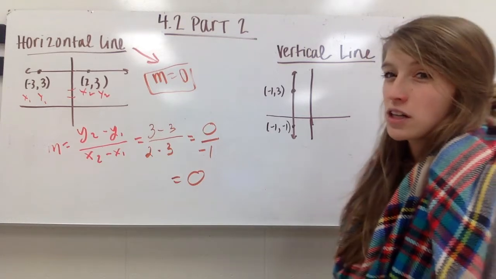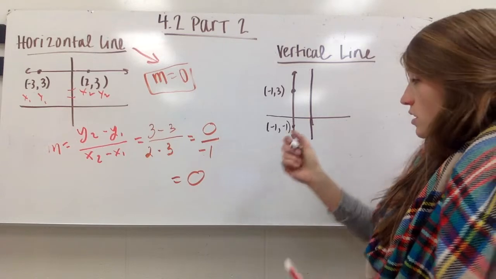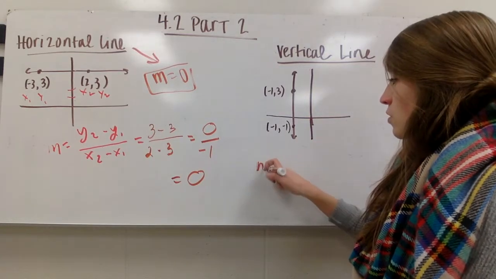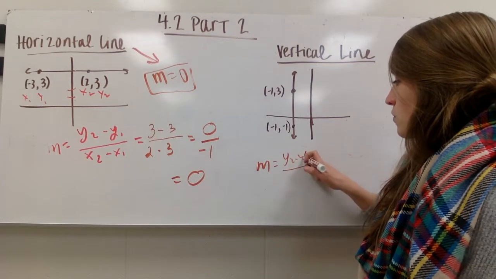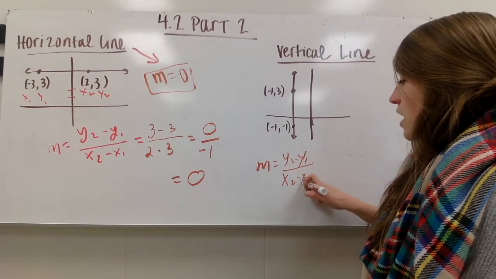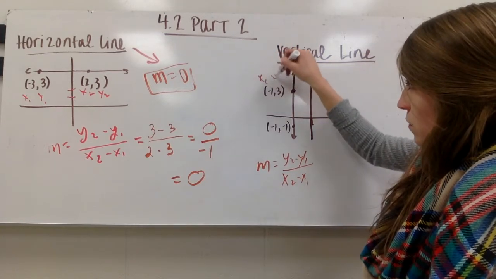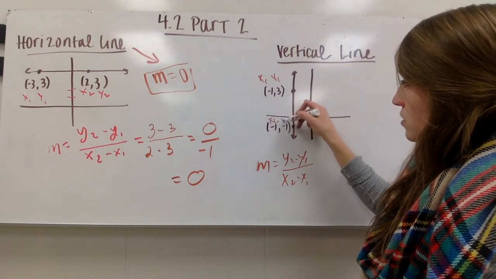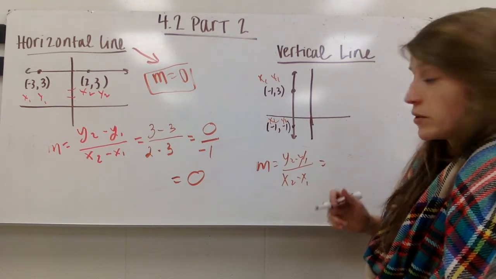Let's try a vertical line now. A vertical line is slightly different. The slope formula is still the same. The slope is equal to y2 minus y1 over x2 minus x1. I'm going to call this point right here x1, y1, and this point x2, y2. It doesn't matter which one you call 1 and which one you call 2.